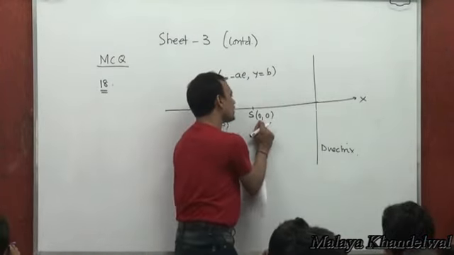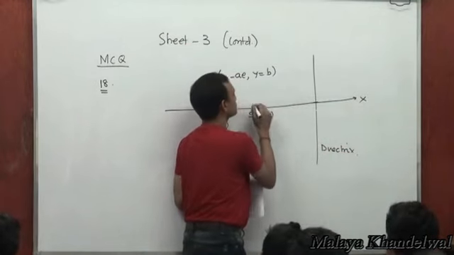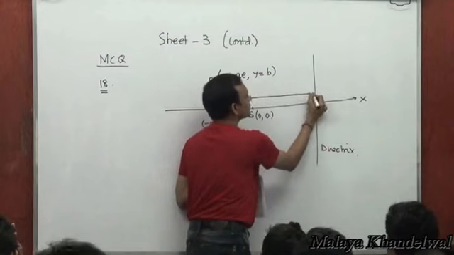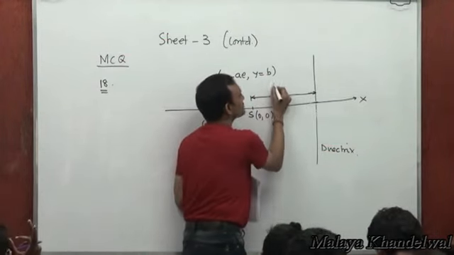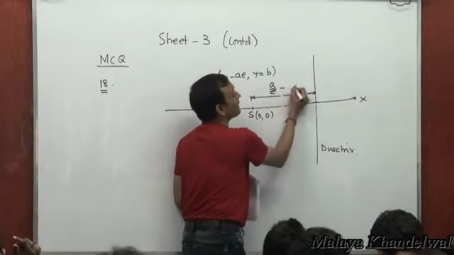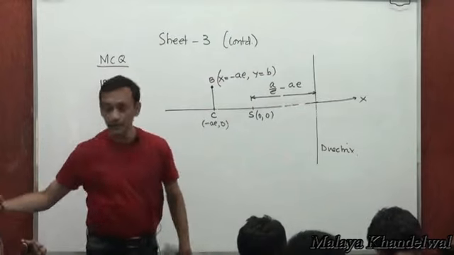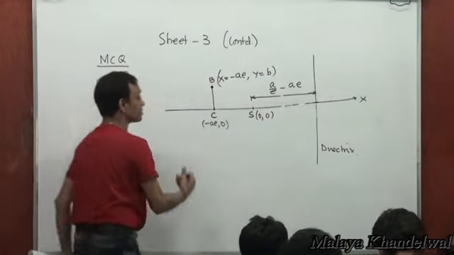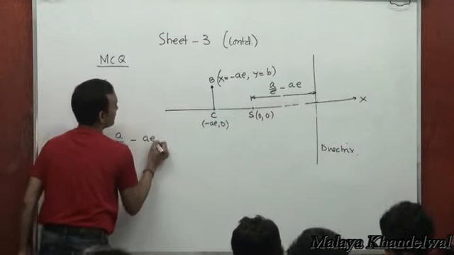Now, as long as the focus and the directrix is fixed, this distance will remain fixed. This distance is A by E minus AE. This distance physically will always be A by E minus AE. That's a constant. So A by E minus AE is constant.